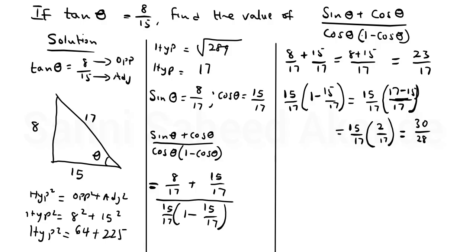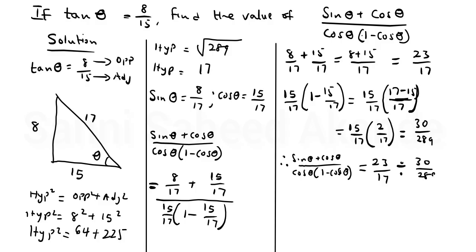289. Understood? Now that we have solved numerator and denominator separately, what we need to do now is to compute it together. So therefore, sin theta plus cos theta divided by cos theta open bracket 1 minus cos theta is equal to the numerator, 23 divided by 17, then divided by the denominator, which I will write as 30 over 289.